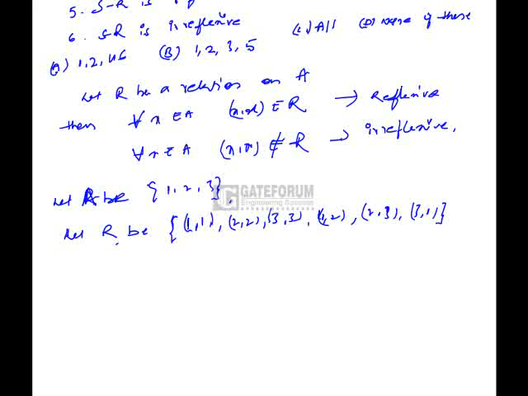Let this set be relation R. Let S be also a reflexive relation. So (1,1), (2,2), (3,3) should be present, and the rest are optional.